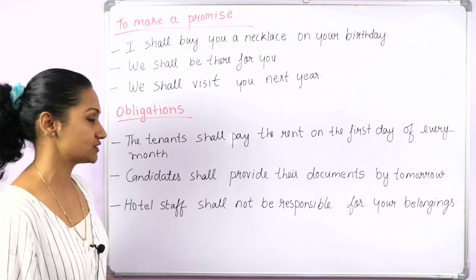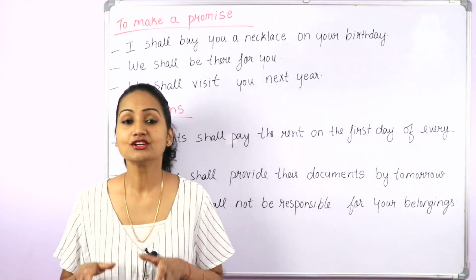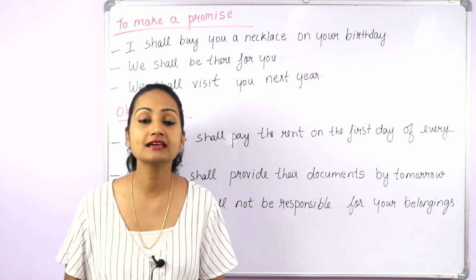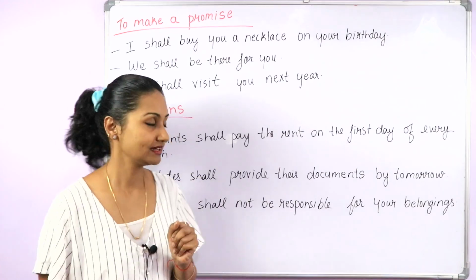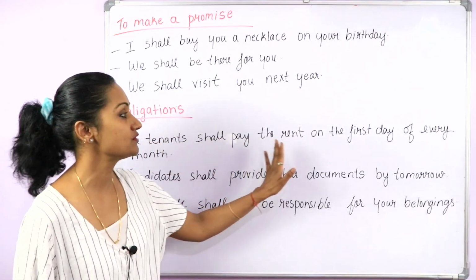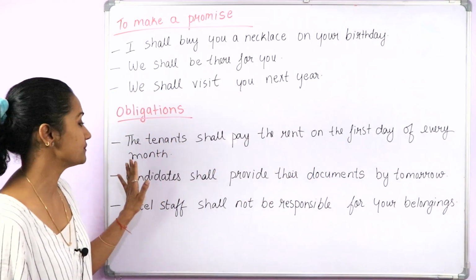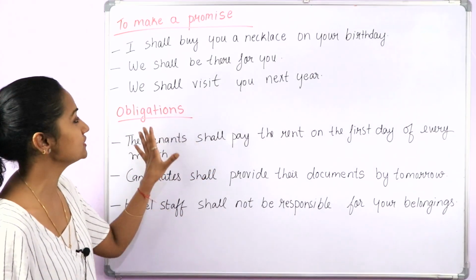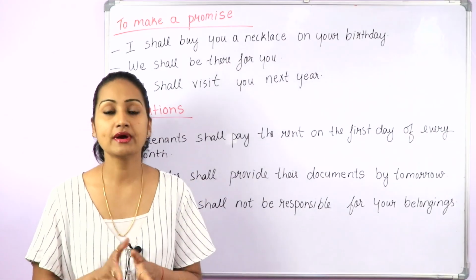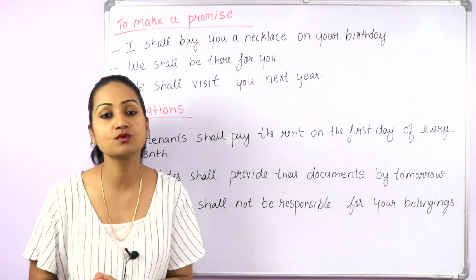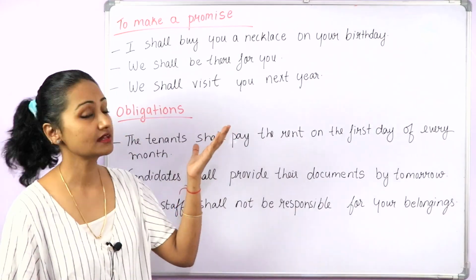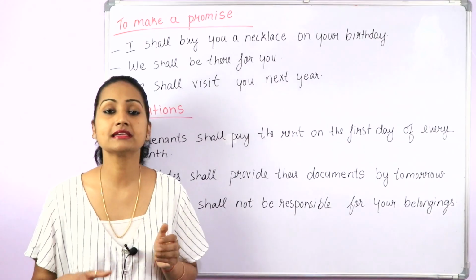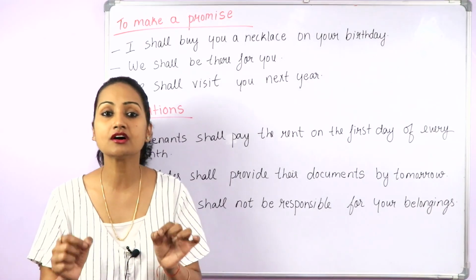Now next is obligations. Obligation is an act to which a person is legally or morally bound. You can say it's a commitment or a duty. Like, the tenants shall pay the rent on the first day of every month. So here I have used shall with third person. Till now we have been using it with I and we when we make a suggestion or advice or promise or offer, but when we talk about obligations, in that case we can use shall with third person.